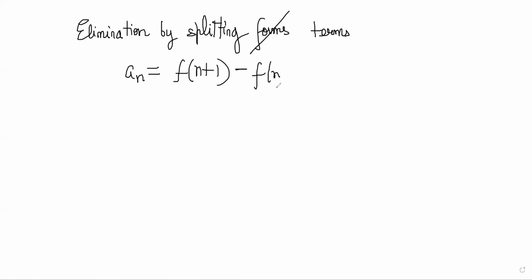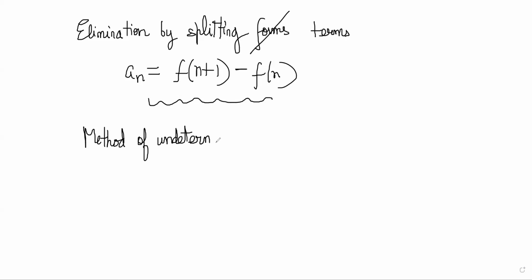So here what we do is we express our nth term as the difference of the successive terms of some function, and then we try to sum it up and use the telescoping series method to get the sum. There is also the method of undetermined coefficients. However, it will be more useful if I actually solve problems and show you the applications of those methods, right?